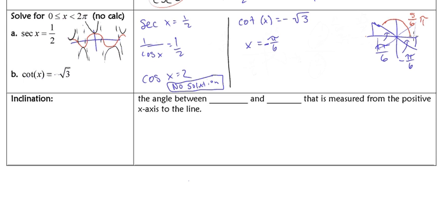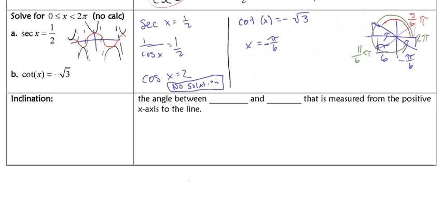Coming all the way around, let's go with green, all the way around up to that point, we're almost to 2 pi, but we're pi over 6 short, so that's going to be 11/6 pi. And so here's our answer.